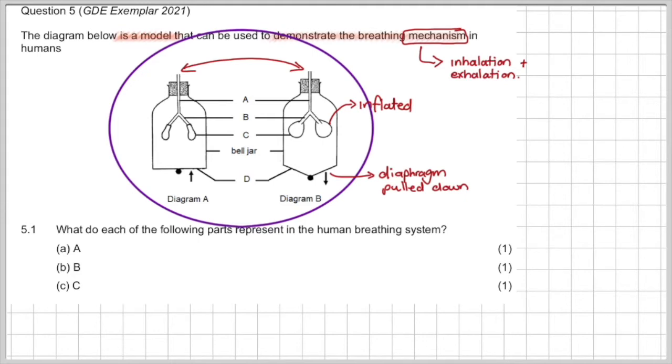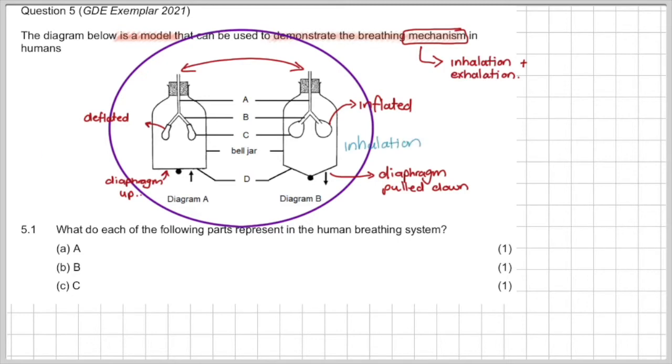I'm not looking at the questions. I'm looking particularly at getting context from the image I'm given. I need to get as much context as possible before I look at the question, because it could throw me off if I look at the questions first. So here we can see the balloons are being inflated and the diaphragm is being pulled down in diagram B. In diagram A, the balloons are deflated and the diaphragm is moving back into an upward or flat position.